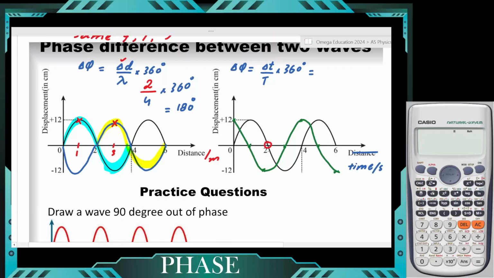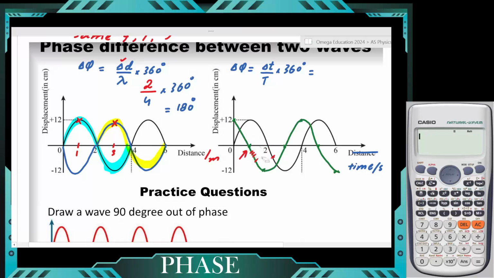So this point of the black wave is in phase with this point of the green wave. Why? Because after this point, what do you see? The crest starts for the black wave, and after this point, for the green wave, the crest starts too, for both of them after the chosen points.